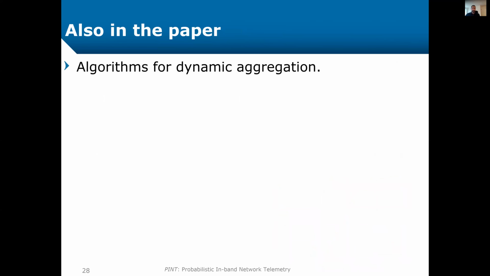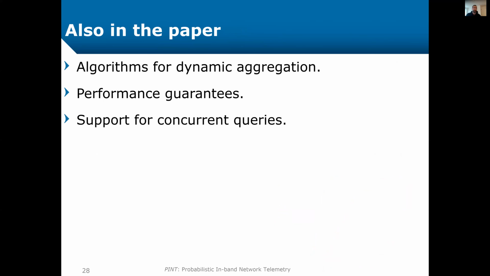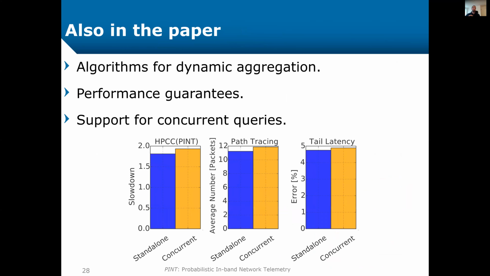Okay, so in the paper, we also have algorithms for dynamic aggregations, like if we want to estimate tail latencies. We have performance guarantees for all of our algorithms, and we also have support for concurrent queries. And what I mean by that is that we may want to run several queries at the same time. So we ran an experiment in which we use all three use cases concurrently, and we compare the performance of each to running this query alone without anything else.